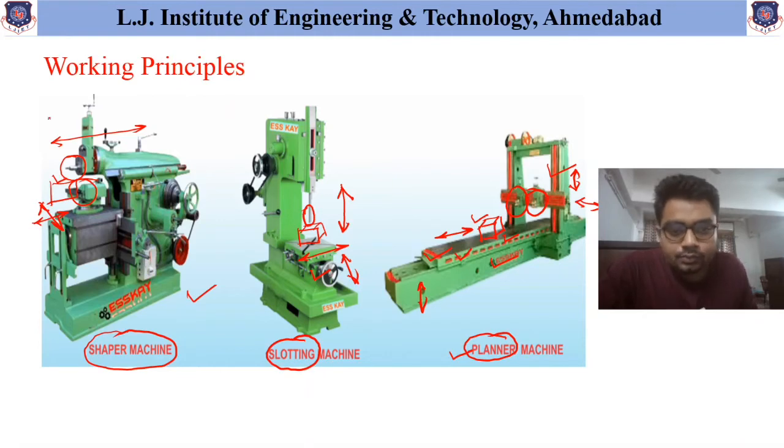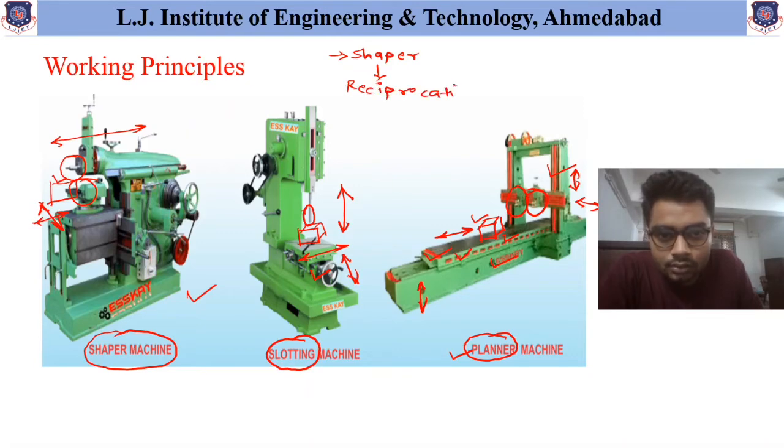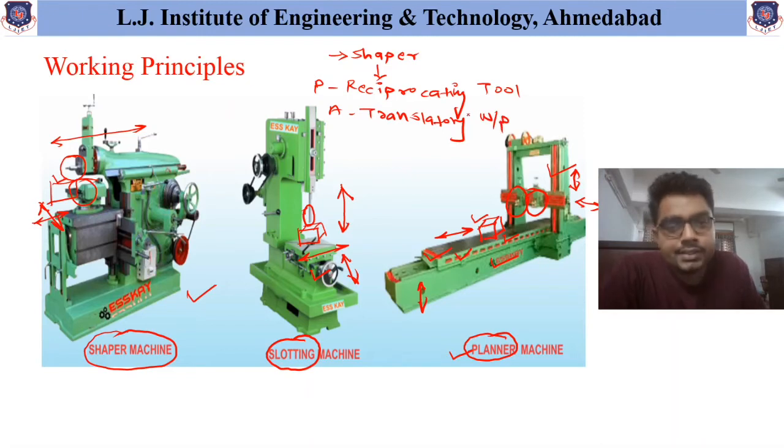So now let us summarize. In the case of the Shaper machine, the basic primary movement is the reciprocating movement of the tool, and the auxiliary motion is the translatory movement of the workpiece.